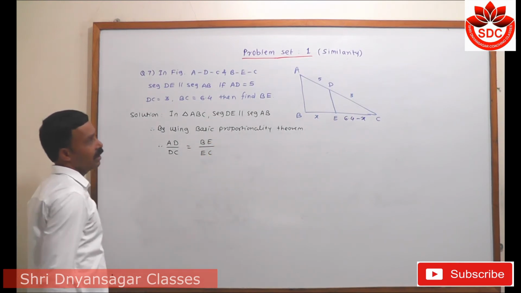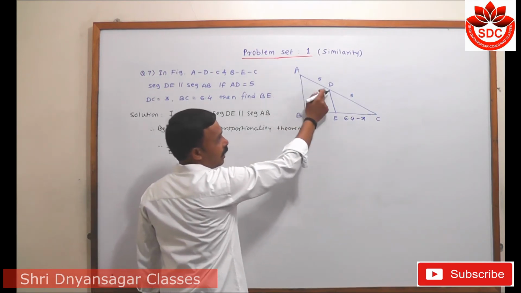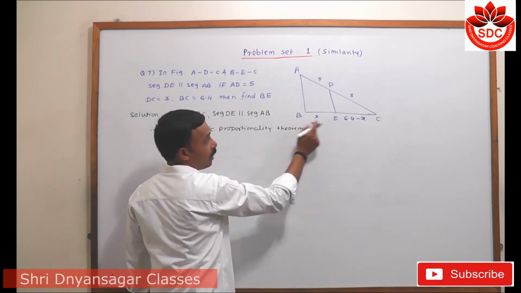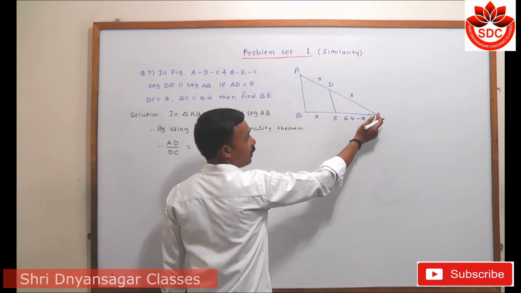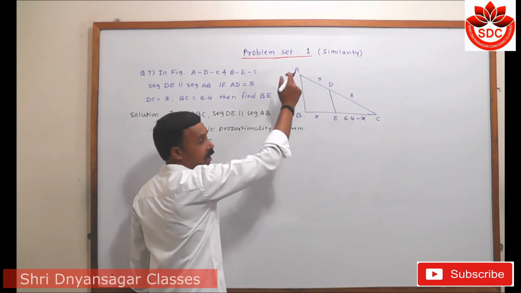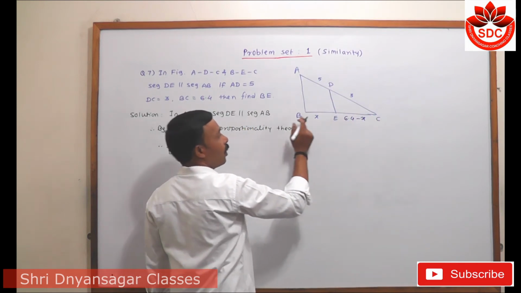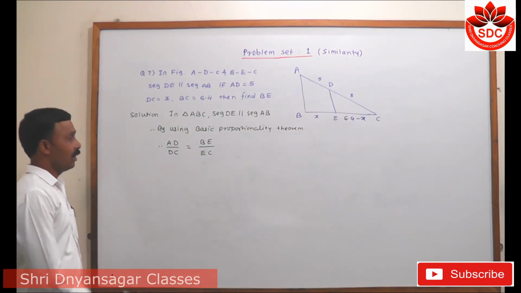If you start from A, then AD upon DC, then we take BE upon EC. Or if you start from point C, then you write CD upon DA is equal to CE upon EB. You can take any one ratio.